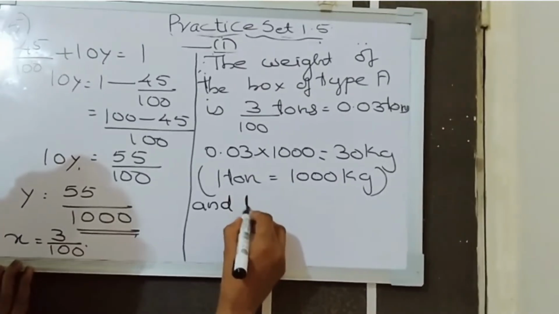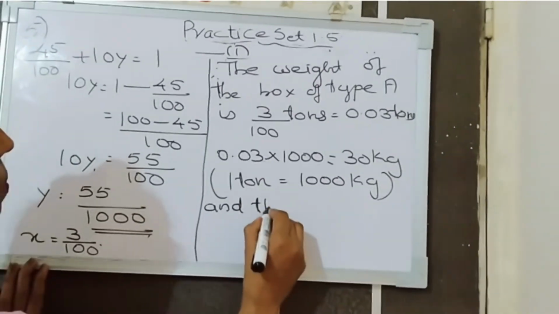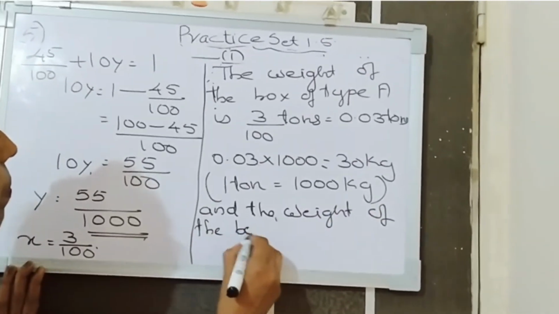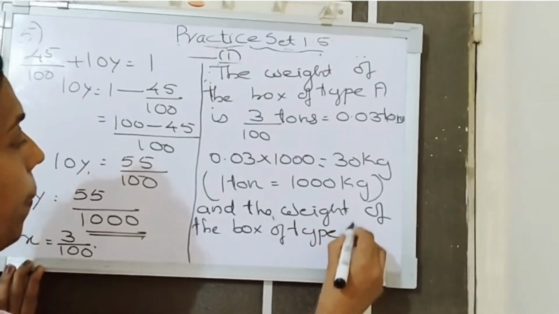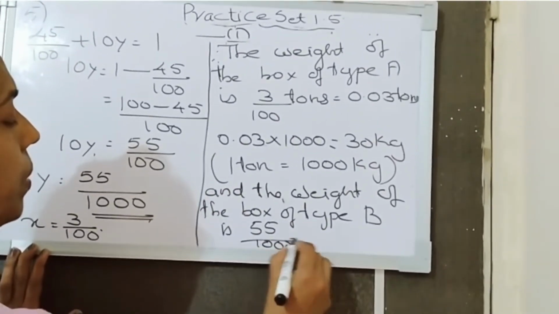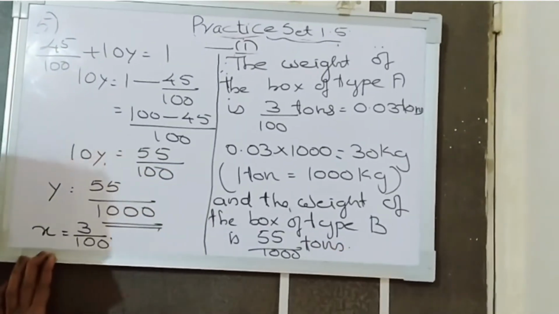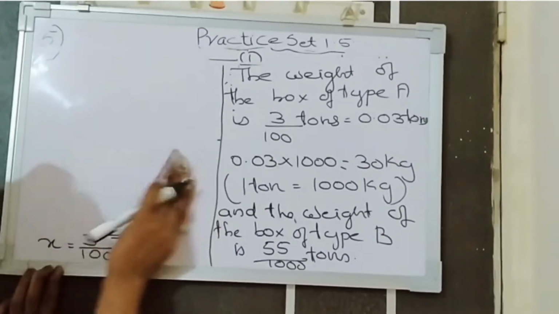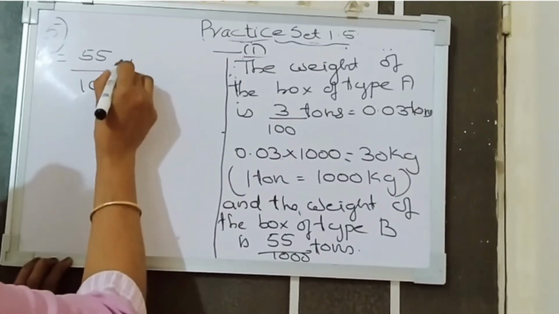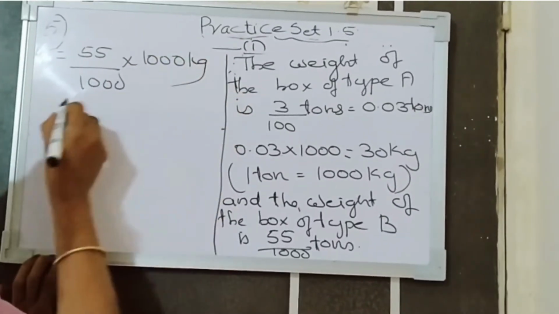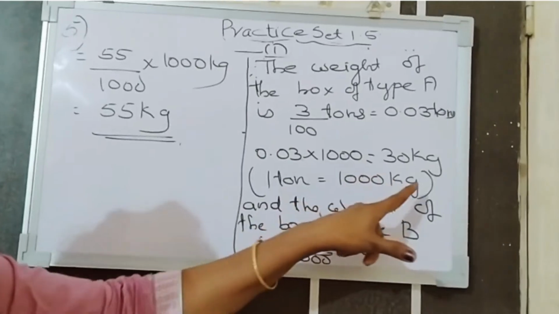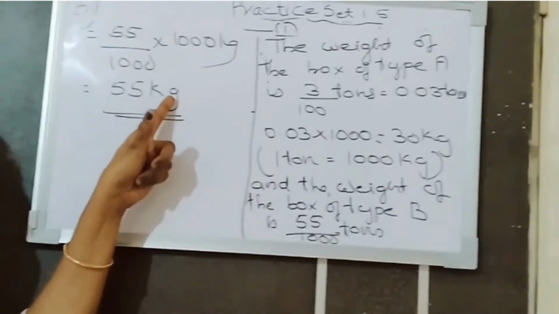And the weight of the box of type B is 55 by 1000 tons, which is 55 by 1000 into 1000 kilograms, that is equal to 55 kilograms. Therefore the weight of the boxes in kilograms is 30 kilograms and 55 kilograms.